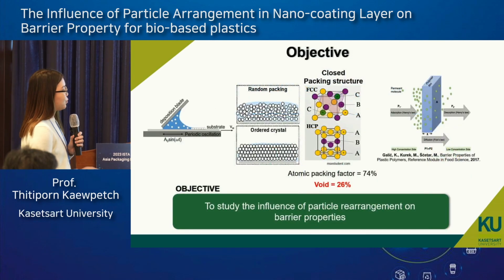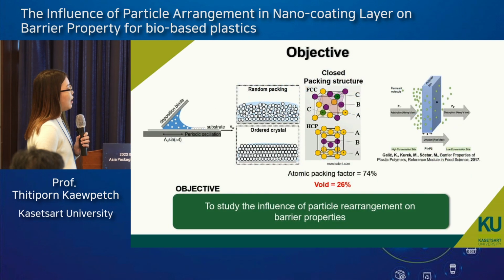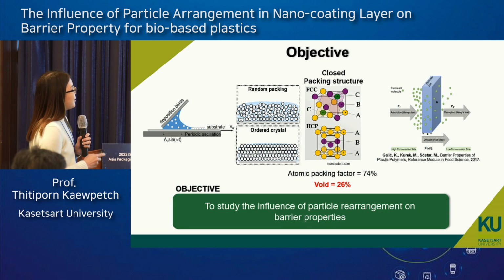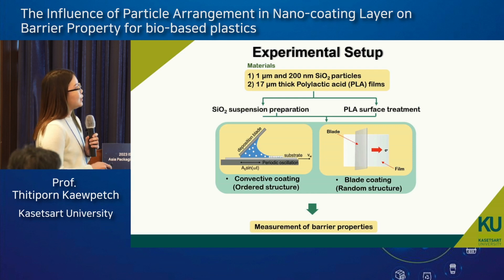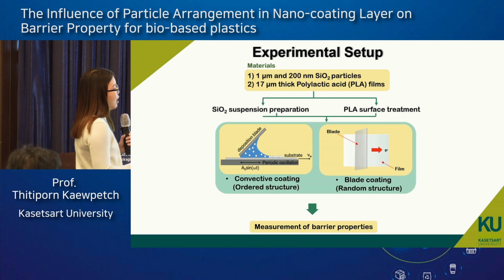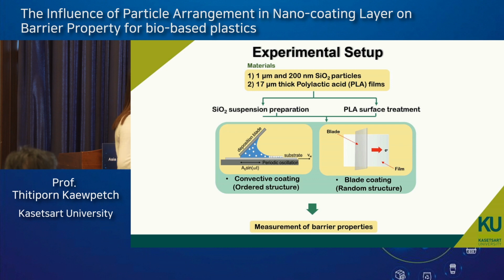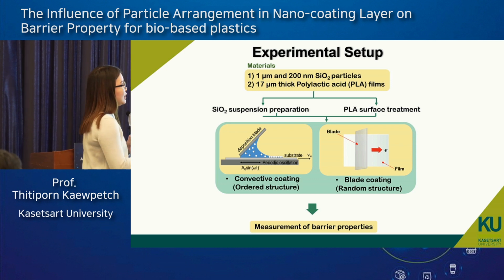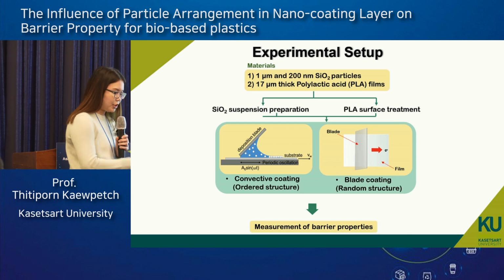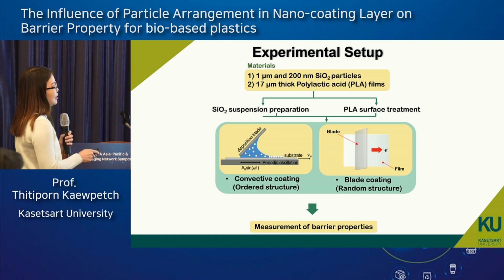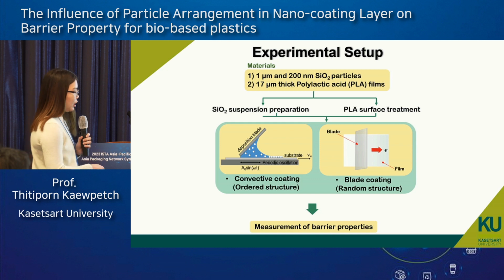So from this, we wondered if we could compare the random packing structure and the ordered structure, and how each influences the barrier properties. In our experimental setup, we use 1 micron and 200 nanometer silica particles. We investigate the 1 micron size first because it is the optimum size that can easily make the ordered structure by convective deposition.